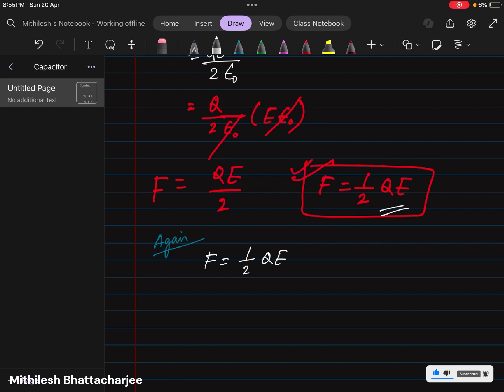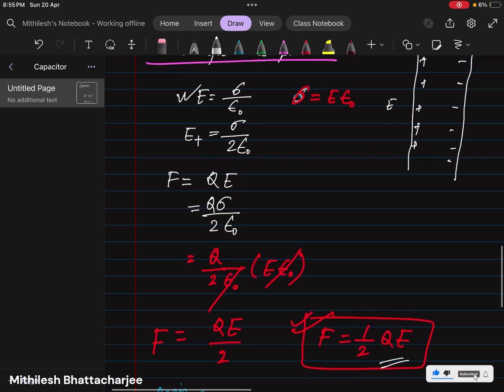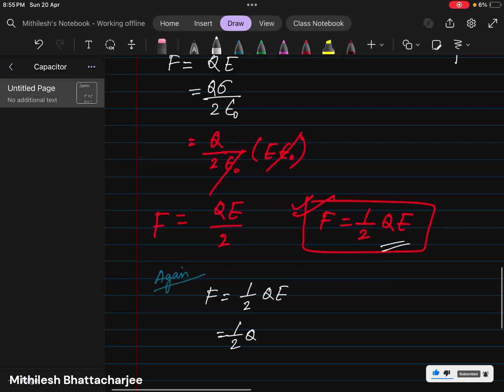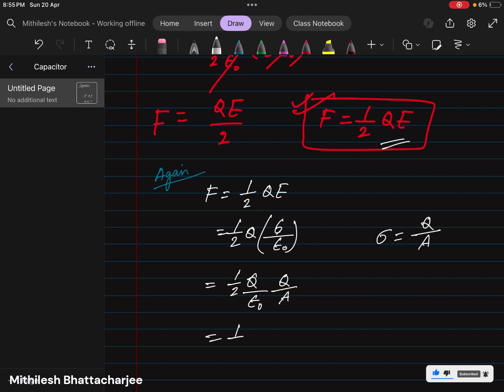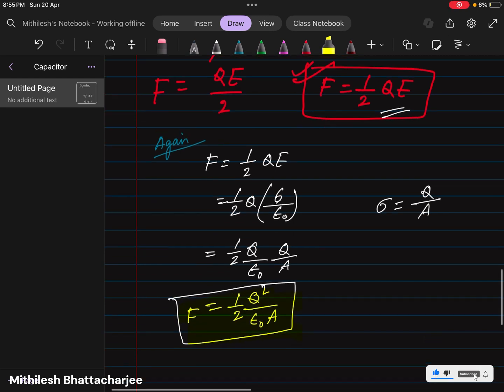Just put the Q and put the value of E. The value of E is sigma by epsilon naught, and sigma is Q by A. Then half into Q square by epsilon naught into A. This is another format of force.